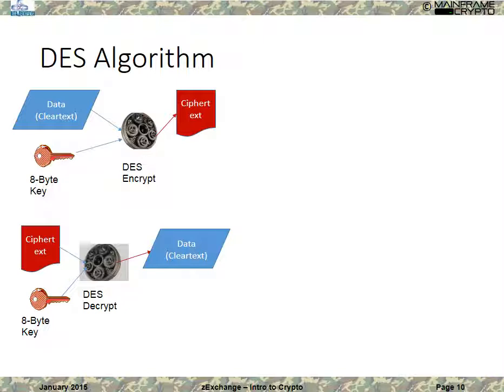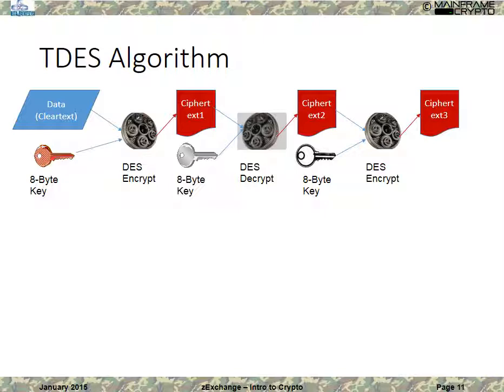So on slide 11, triple DES basically just uses the DES algorithm, but by using a longer key, they execute that algorithm 3 times to provide more security. You start out with the same DES algorithm and you take the first 8 bytes of a 24-byte key and apply that using the original DES algorithm. You apply that to 8 bytes of data and you come up with some ciphertext.